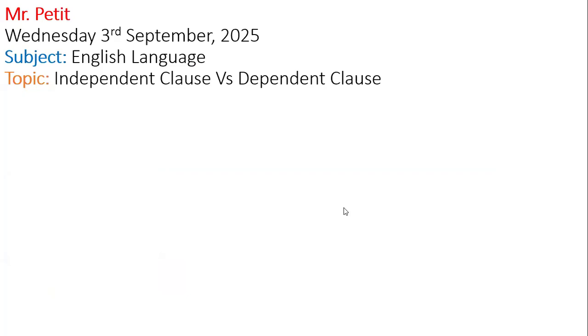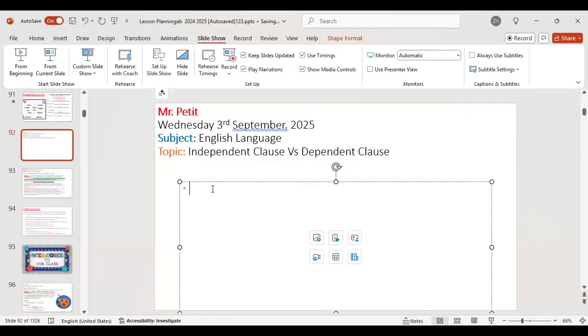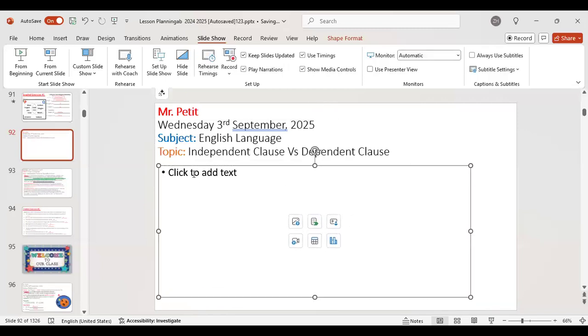Independent clauses are like sentences that can stand alone, while dependent clauses are parts of sentences that need something else to make sense. Very good, very good. So that's basically the idea right there. An independent clause is basically a clause or a sentence that can stand on its own.